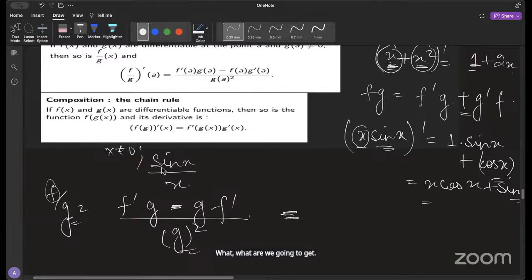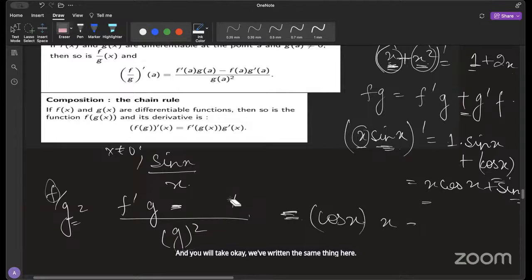If we apply it here, what are we going to get? Your f is sine x here, so we'll get cos x, and for g you keep x constant. Let's do it step by step.